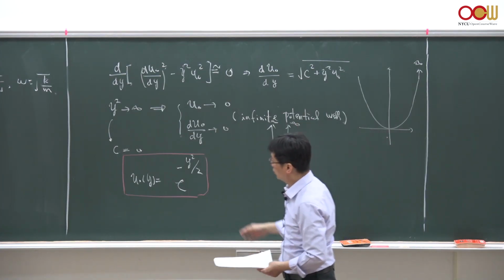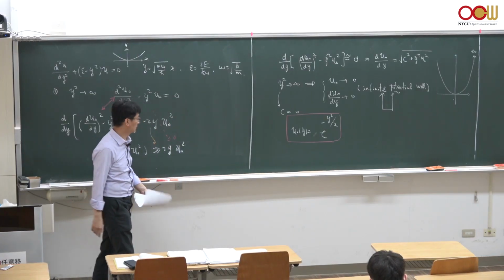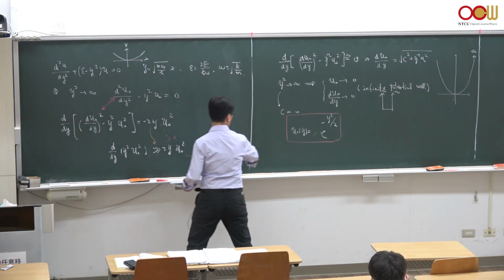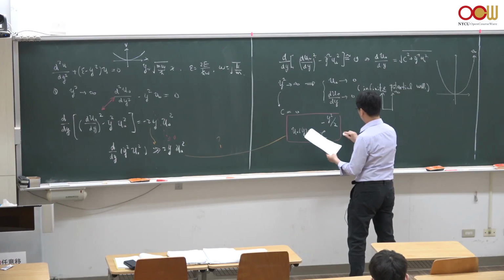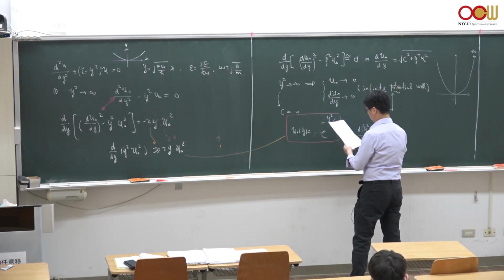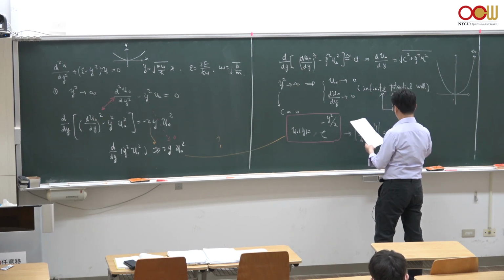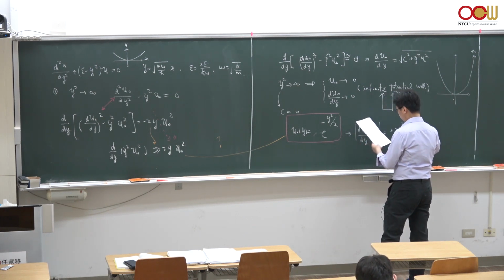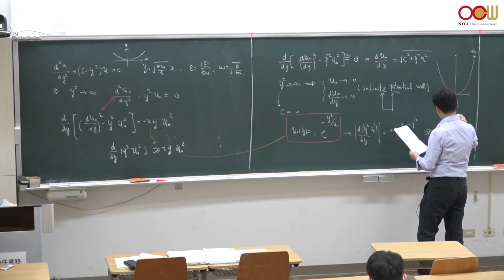So let's just check whether this solution satisfies the assumption that we made earlier. If you check this, you'll find that the magnitude of the total derivative of y u0 squared is plus 2y cubed e to the minus y squared, which is indeed a very large value compared to this.